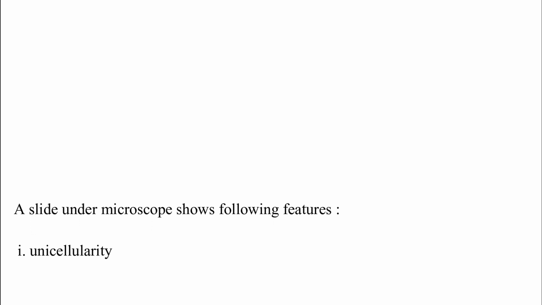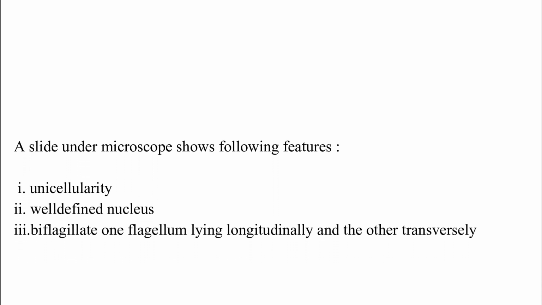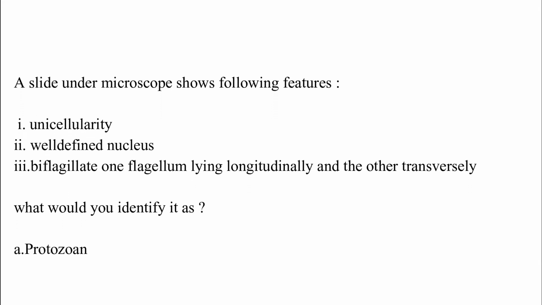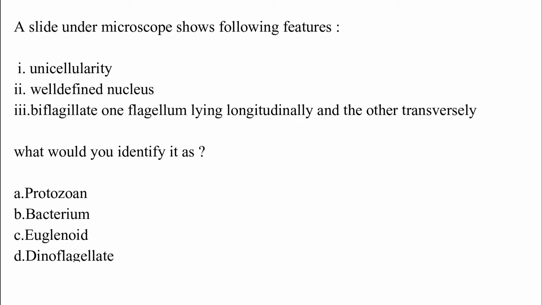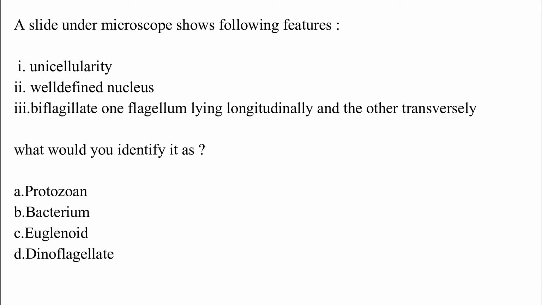A slide under the microscope shows the following features. One, unicellular. Two, well-defined nucleus. Three, biflagellate, one flagellum lying longitudinally and the other transversely. What would you identify it as?